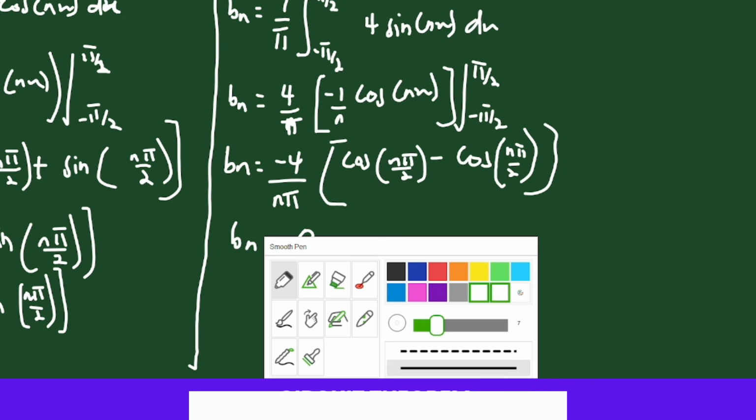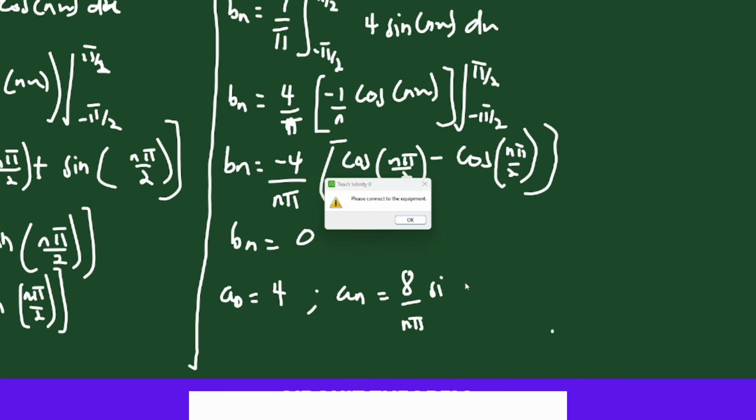So we can state our values again. Our a not gives us 4. Our an was equal to 8 on n pi of sine of n pi. And our bn is equal to 0.